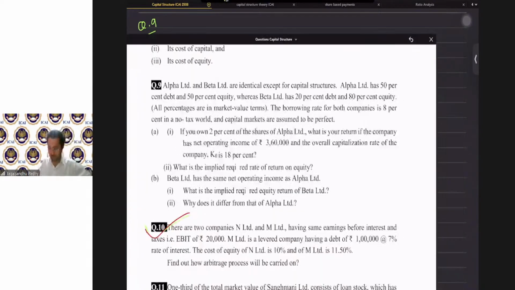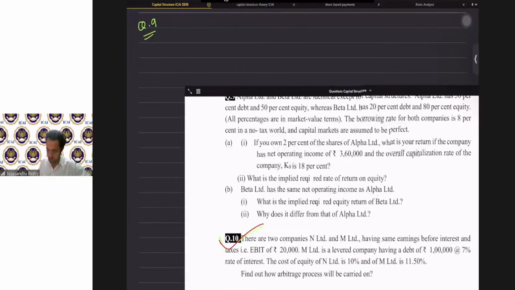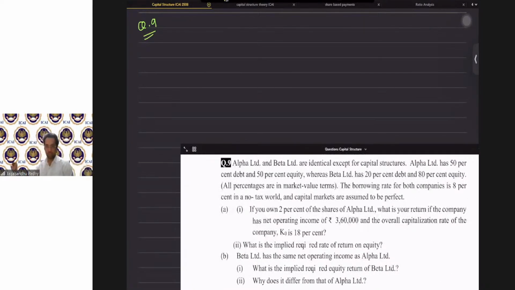So we have got two companies, Alpha and Beta, with different debt equity ratio. Now, over here, they have different capital structure, and they're saying no tax world, perfect capital markets, right? These were the assumptions of all our capital structure theories, by the way. So now over here, we have Alpha and Beta.